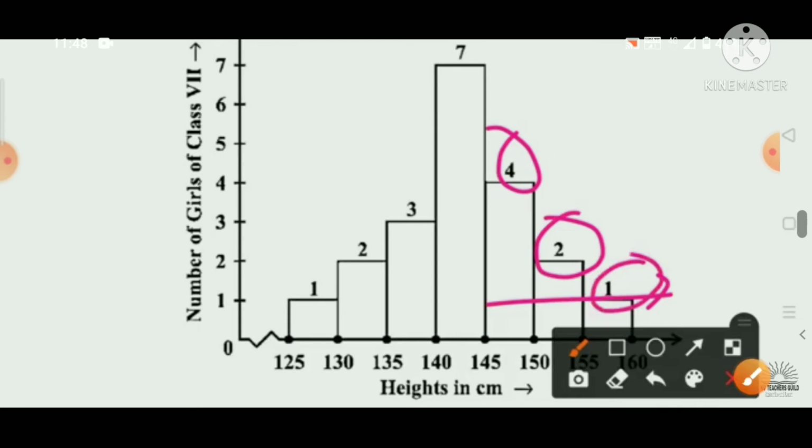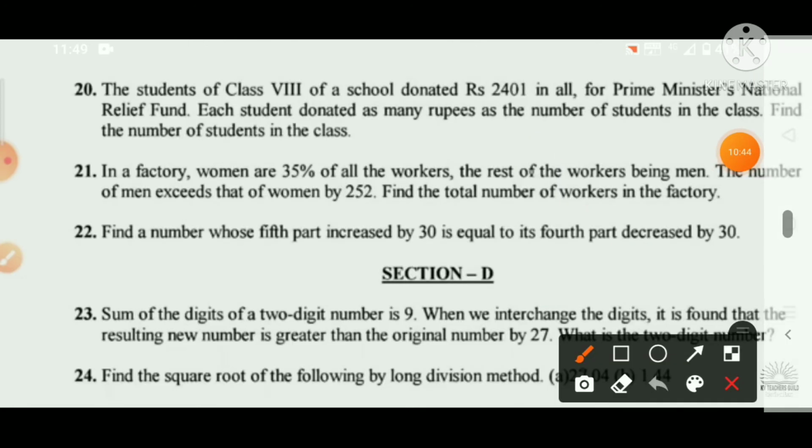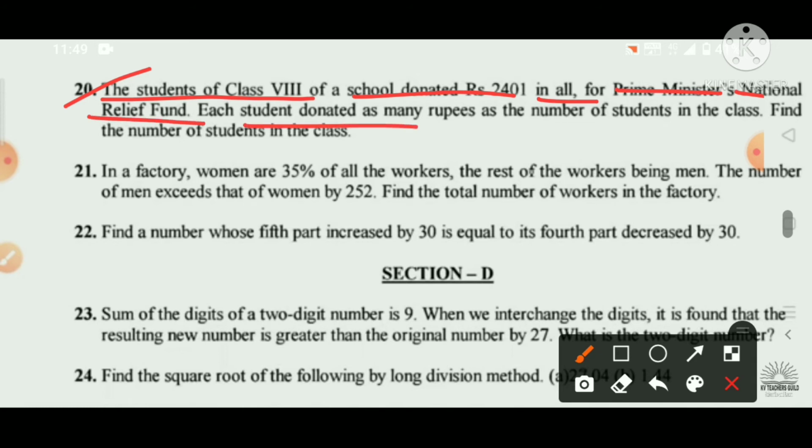Next question, question 20. The students of a class 8 school donated rupees 2401 to the Prime Minister's National Relief Fund. Each student donated as many rupees as the number of students in the class. Find the number of students in the class.